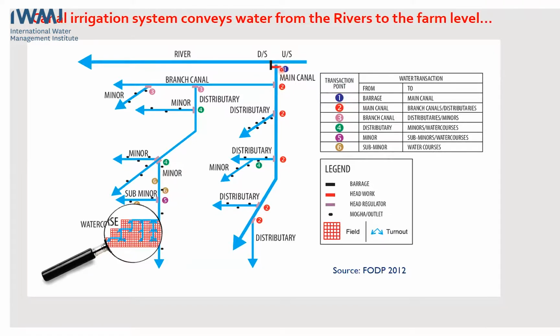First, there are barrages on different rivers from which the main canals originate, and then from the main canals there are head regulators of the branch canals. From branch canals come the distributaries, and from distributaries there are minors, then sub-minors, and this is how finally the water courses feed water from the river to the field.